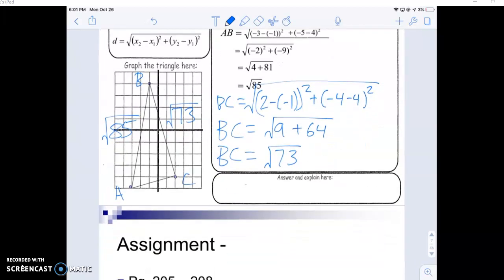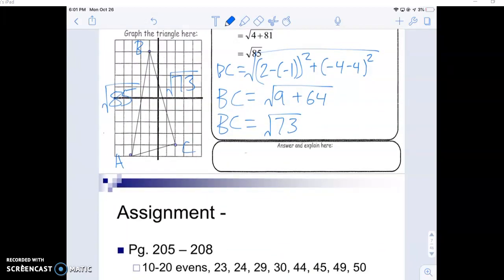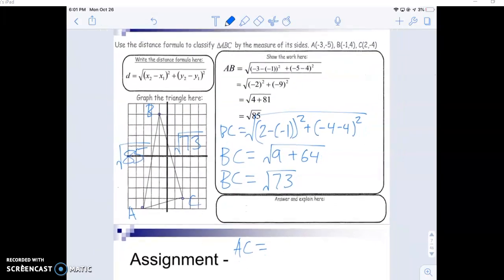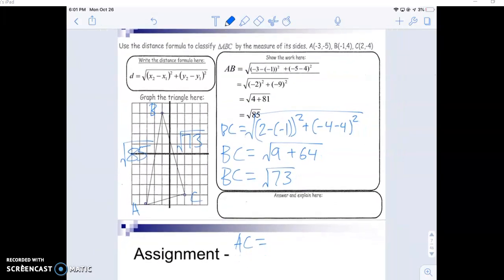And then next, I'll do it just down here in this space. For AC, the points are negative 3, negative 5, and 2, negative 4. So I will go 2 minus negative 3, squared, plus y2 minus y1, square root of all that.